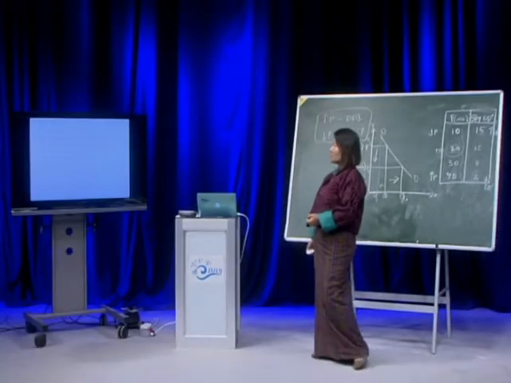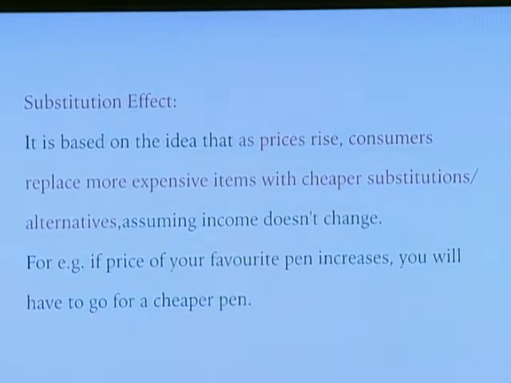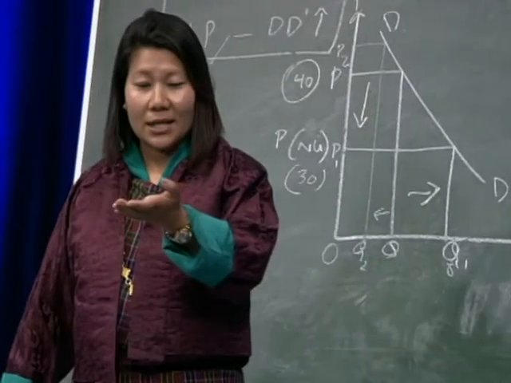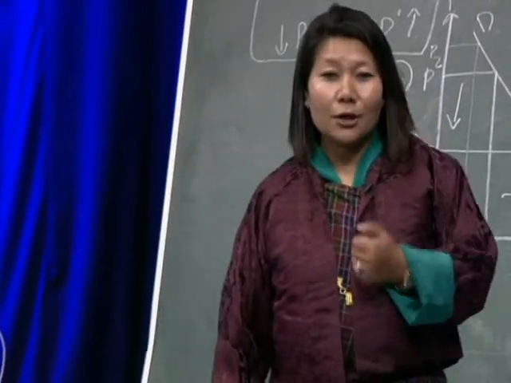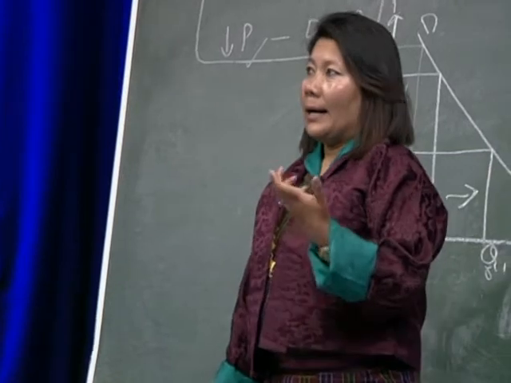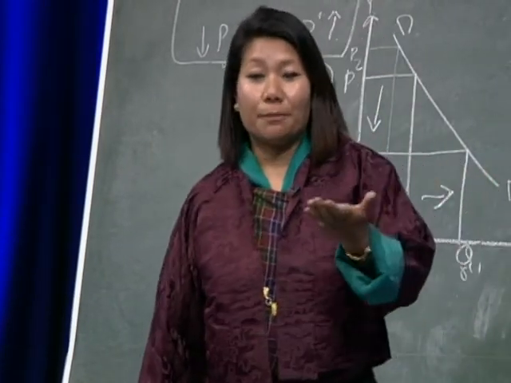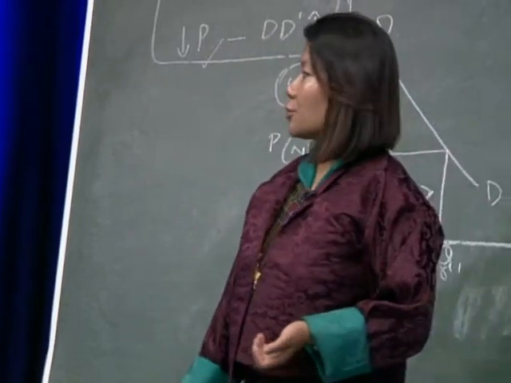Let's move on with the next factor, substitution effect. Substitution, literal meaning. Let's be mindful, literal meaning. Substitution: coffee for tea, shoes for sandals, all right? Umbrellas for raincoats, then you can talk about rice for bread, all right? Vegetables, cabbage for cauliflower. So substitute.